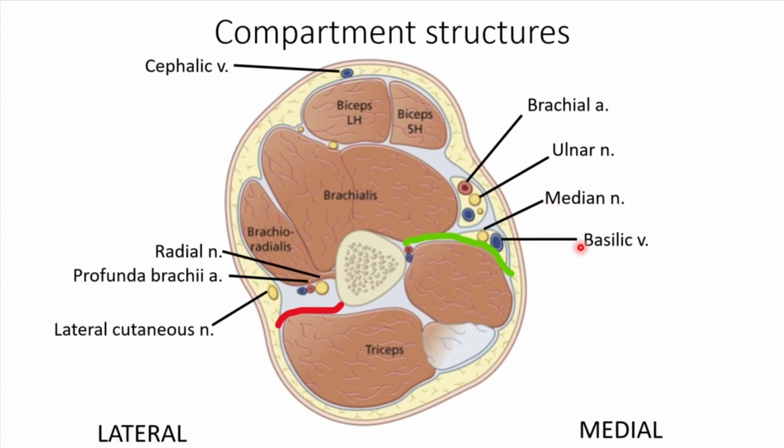Besides the muscles, some other noteworthy structures in the arm include the brachial artery, the ulnar nerve, the median nerve, and the basilic vein, which are located medially.